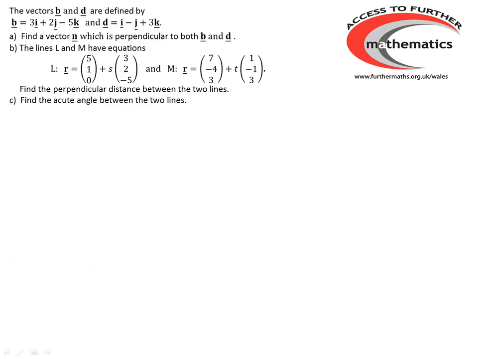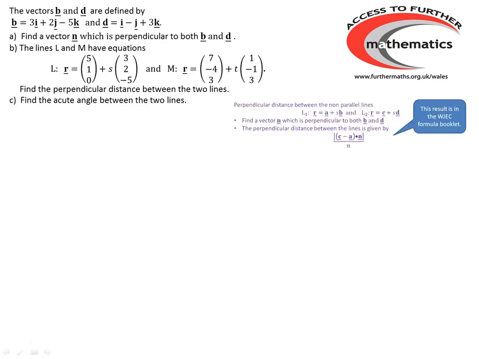Moving to the second bit of the question, we have two lines. The important thing to notice here is that the direction vector of the first line is the vector b, and the direction vector of the second line is the vector d. We're looking for the perpendicular distance between the two lines.